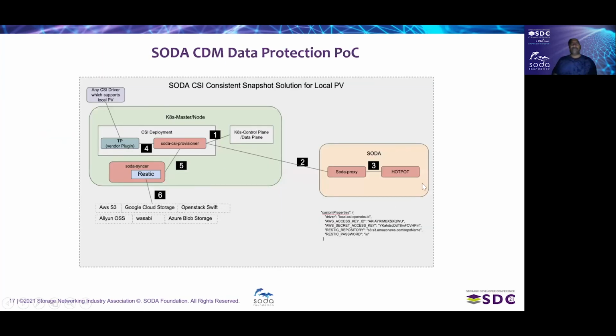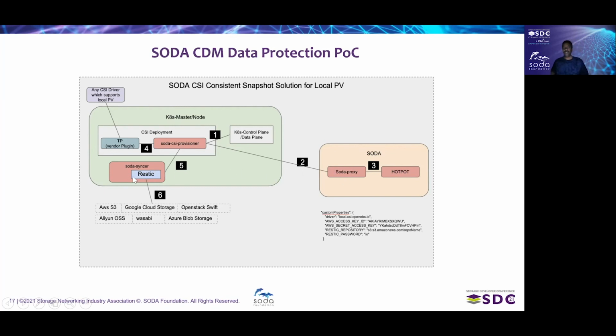So this is a very high-level design diagram for the CDM data protection POC, wherein you can see that the SODA CSI provisioner is our custom CSI provisioner, and the request comes normally to the CSI, and then the metadata will be managed by our SODA metadata management.